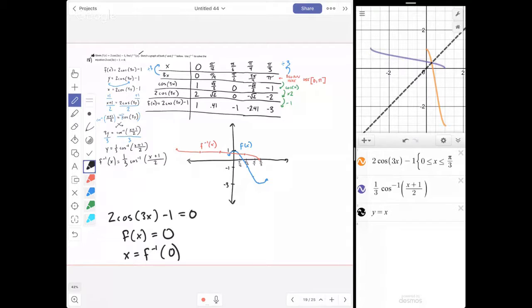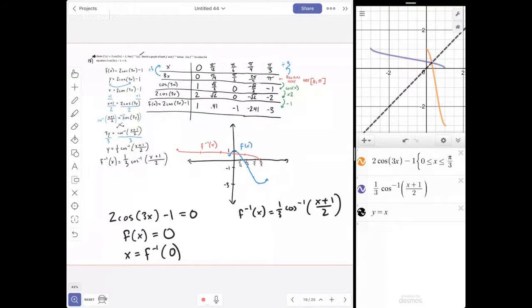of 0. And in order to find the inverse of 0, I will say that f inverse of x is equal to 1/3 cosine inverse of x plus 1/2.